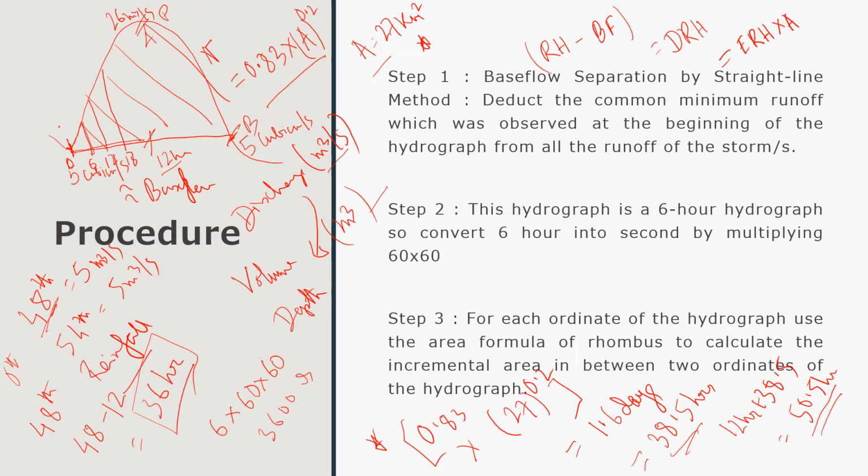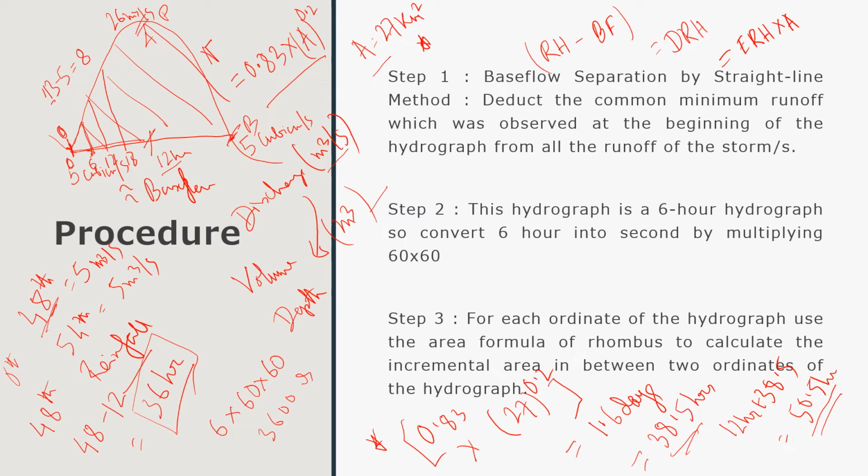So this is basically 0 cubic meter, and the discharge at the 6th hour is originally given as 13 cubic meter per second, but when you deduct 5 cubic meter per second from it, it will give you 8 cubic meter per second.